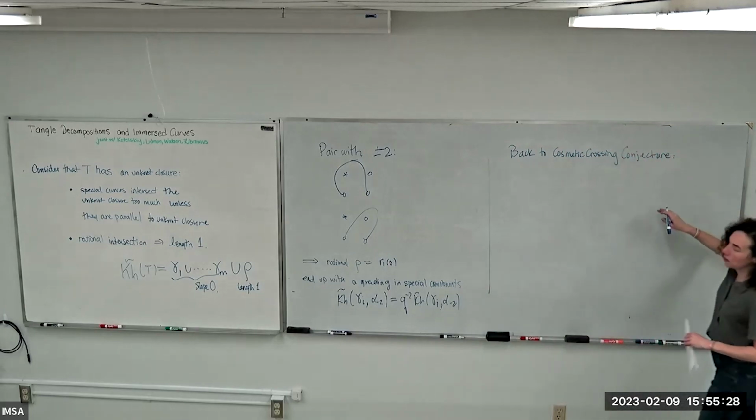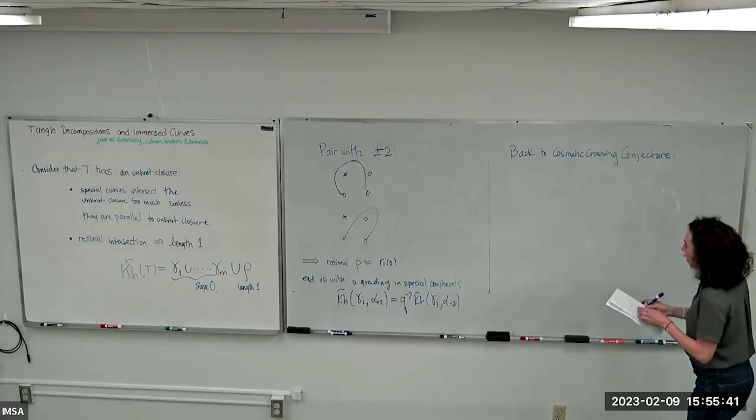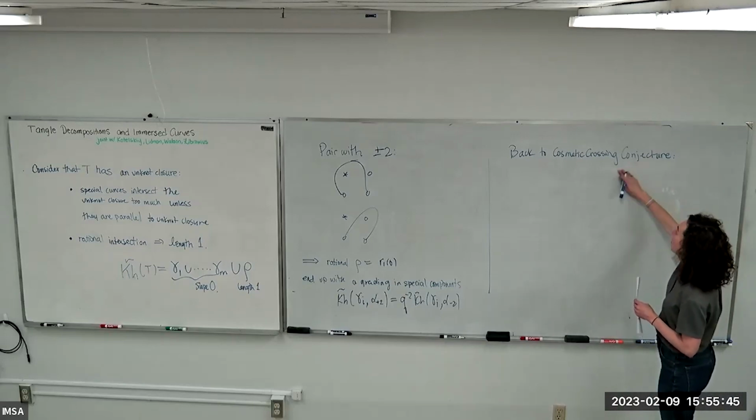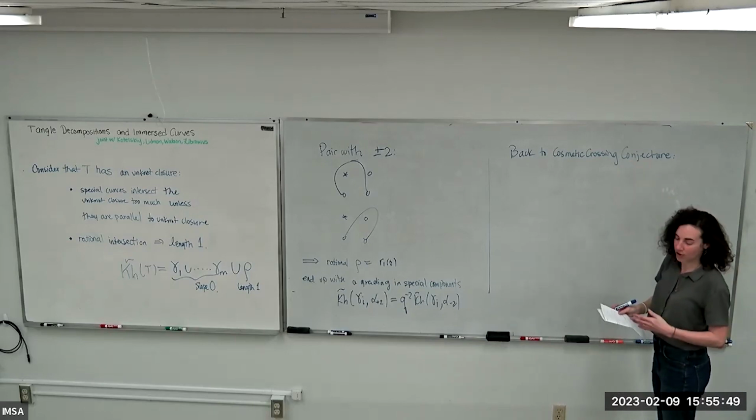All that we've done so far with this is basically just been able to reprove results that were either proved in writing or known to people. As far as new results towards the cosmetic crossing conjecture, the strategy works as a proof of concept, but it hasn't really gotten anything great yet.